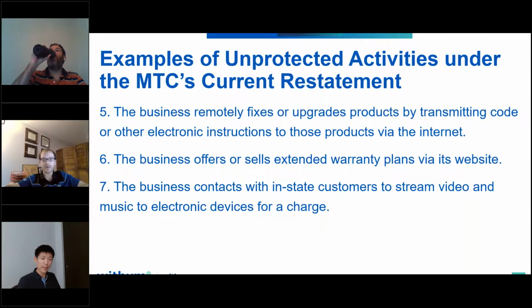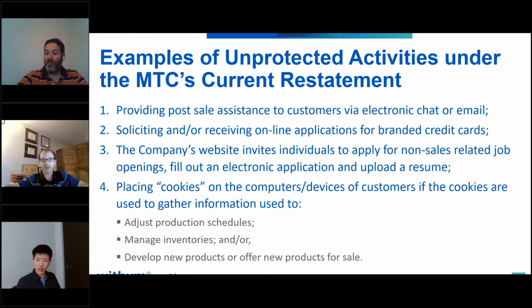And before you continue, if you go back. Sure. Yeah, so it's number one, right? Providing post-sale assistance to customers via electronic chat or email. What I find so interesting about this is that, prior to this interpretation, having customer service like a 1-800 phone number, where customers would call in, would not tarnish protection.